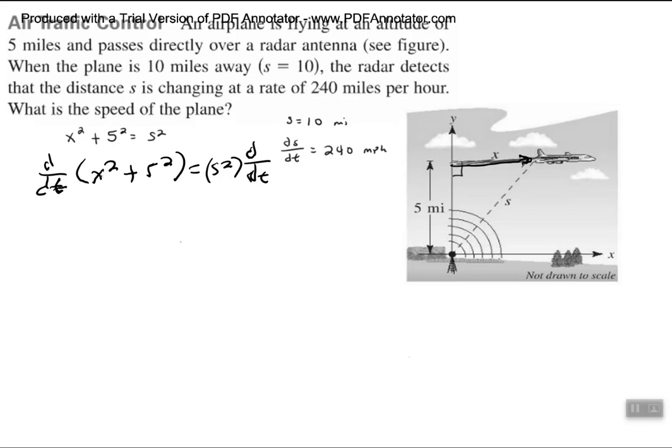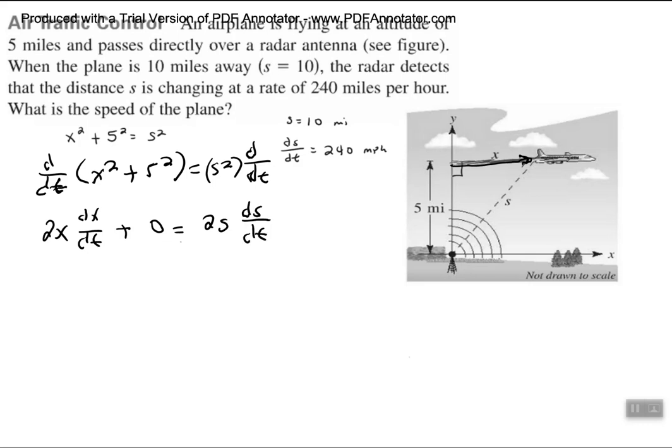So the derivative of x squared, we have to use the chain rule with respect to time, the implicit differentiation. So 2x, derivative of x is dx/dt. Derivative of 5 squared, derivative of any number is 0. And then our derivative of s squared with respect to time, 2s times ds/dt.